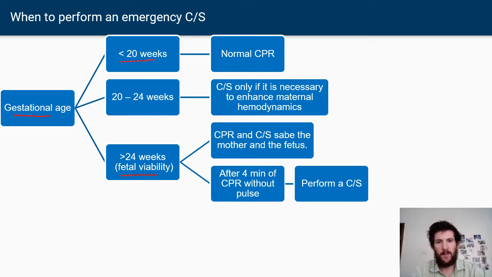So if the mother is less than 20 weeks, you have to continue a normal CPR like if there is no pregnancy, because the gravid uterus is not too big, so it doesn't affect the maternal hemodynamics, so there is no problem. Between 20 and 24 weeks, the uterus is a little bigger, so much of the cardiac output is going to the uterus. So maybe you can do a CS only if it's necessary to enhance the maternal hemodynamics.